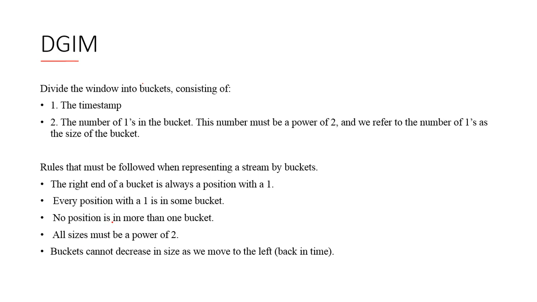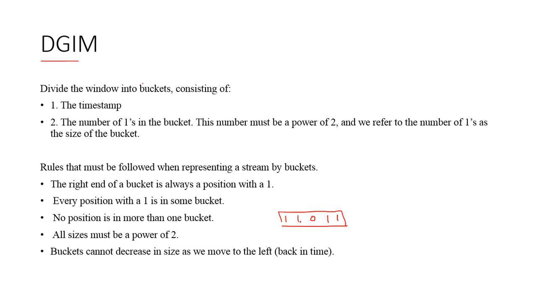No position is in more than one bucket. For example, if data 1 is stored in some bucket, then that 1 you should not store in other buckets also. That means the buckets should not overlap. For example, suppose this is the bucket 1 0 1 1, that means 4 ones are there, 2 raised to 2.